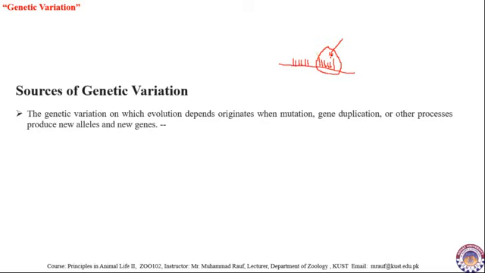So in that situation, this duplicated sequence is available for natural selection. Natural selection will act upon it, and if the change was favorable, if it was giving a survival advantage to the organism, then this change will be retained in the genome, propagated to the offspring, and spread into the population.